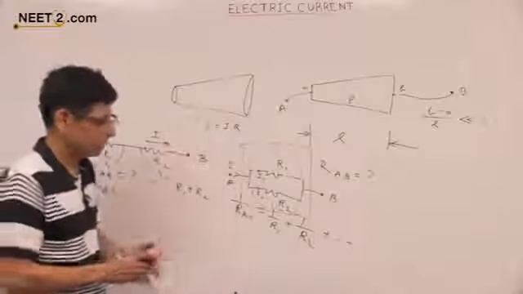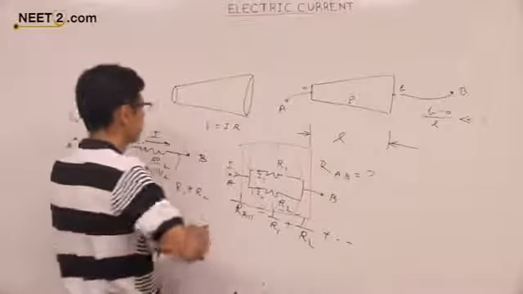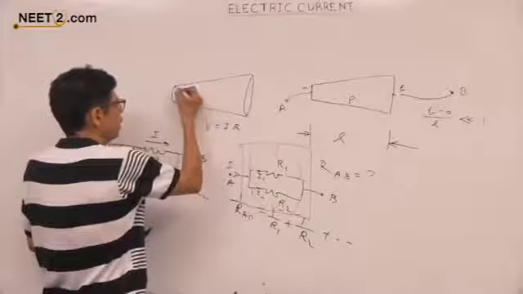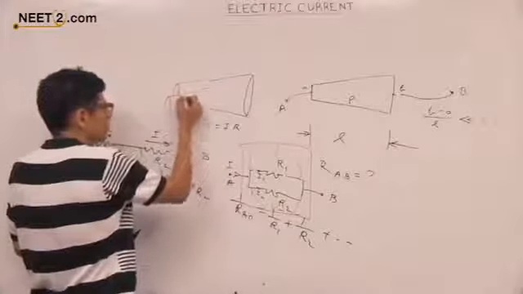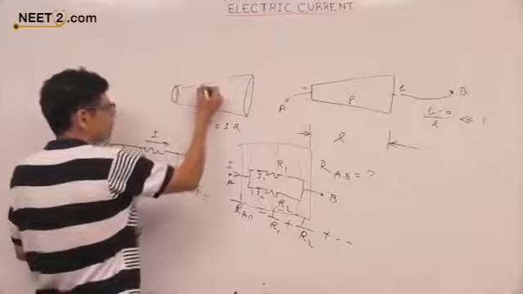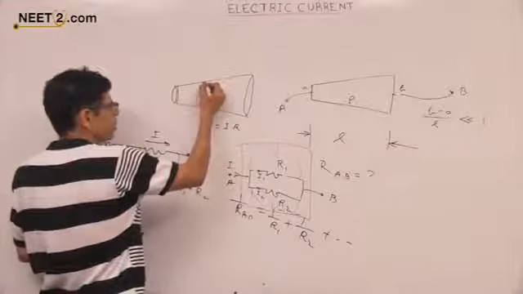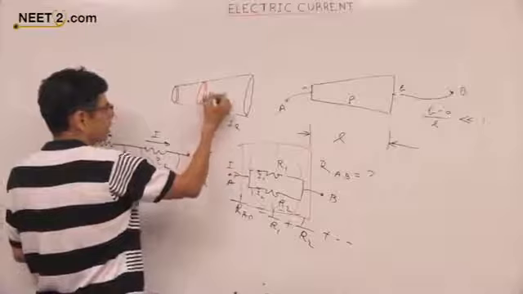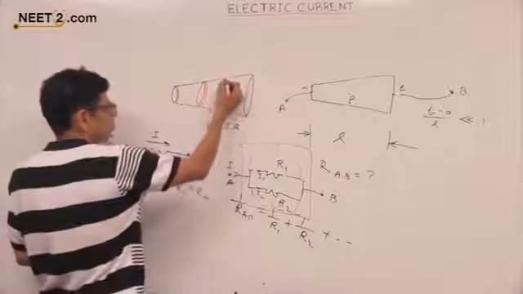Okay, so we have to solve this. Now to solve this, what we will do is we chop it up into such thin slices. We imagine it chopped into such thin slices, many of them.